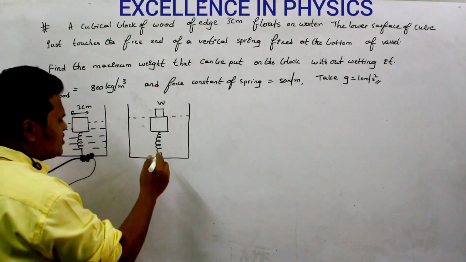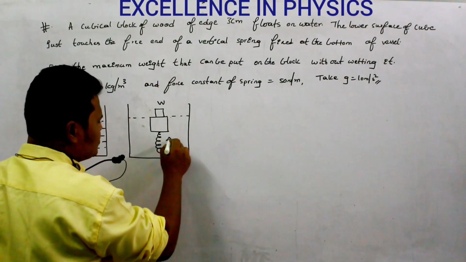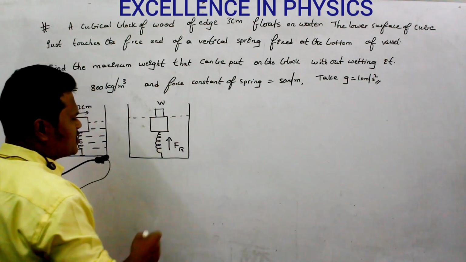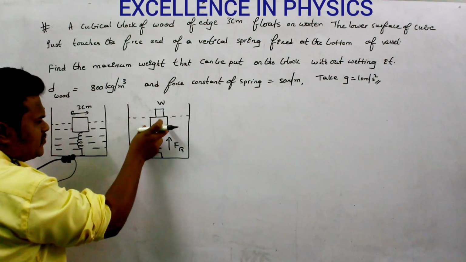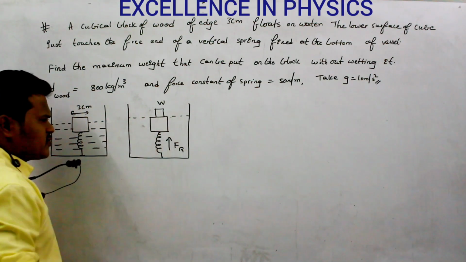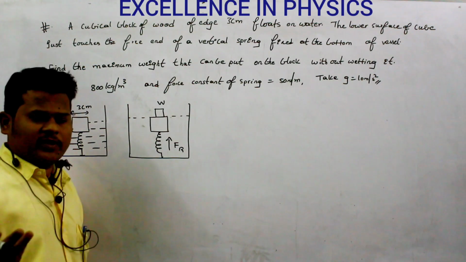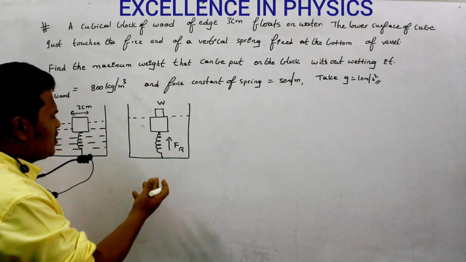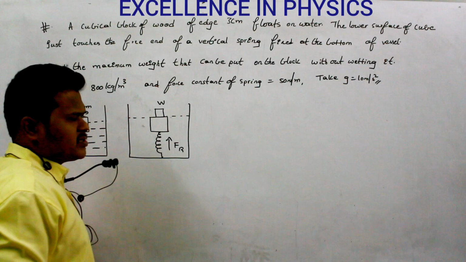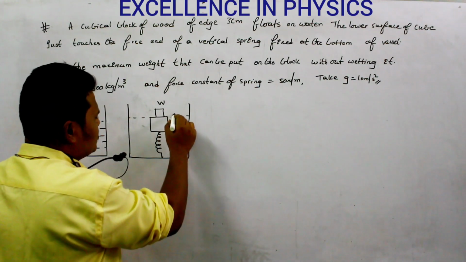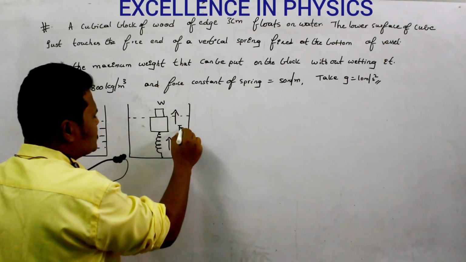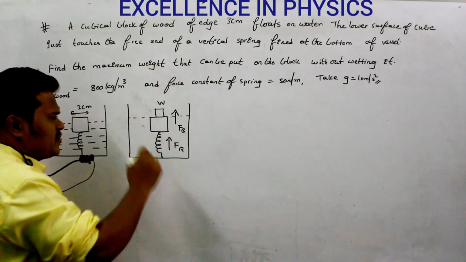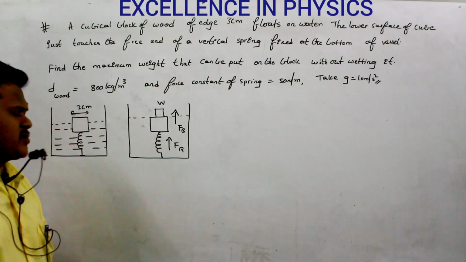If a spring is compressed, the spring will give a restoring force in the upward direction. Similarly, if more of the block goes inside the water, then more water will be displaced, and if more water is displaced, the force of buoyancy also increases. So there will be some additional force of buoyancy because of the additional liquid which is displaced.